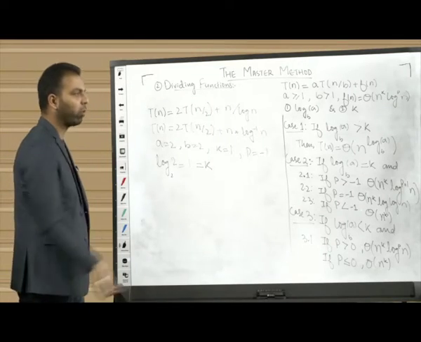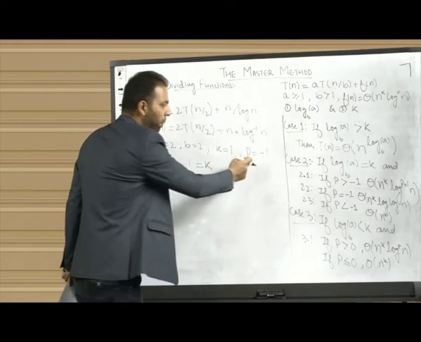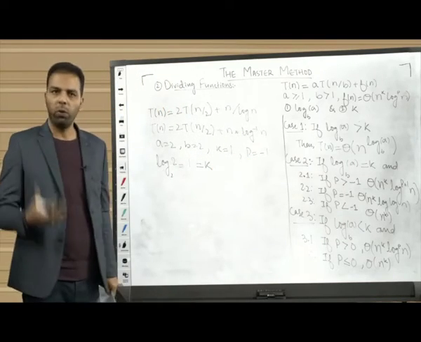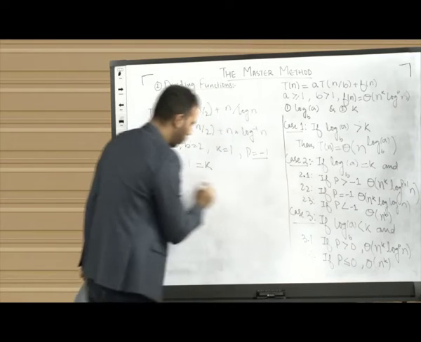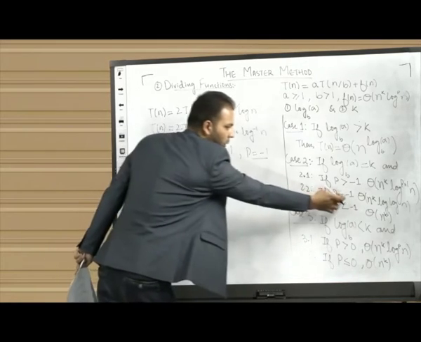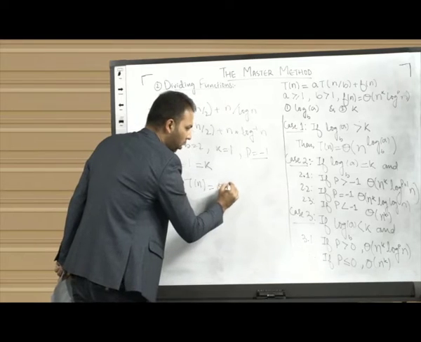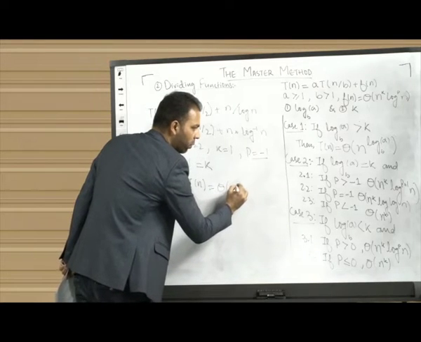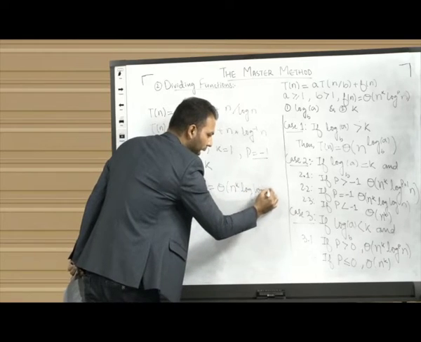But here we have to explore further. Now we have to check the value of p. So what is p equal to? P is equal to minus 1. So which case does it meet? Case 2.2, p is equal to minus 1. Means T(n) will simply be equal to theta of n raised power k log of log n.